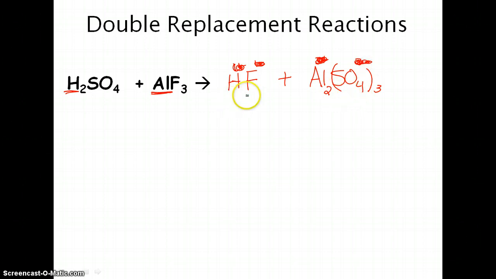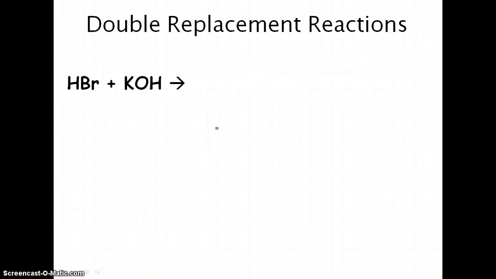Okay, and then you would need to balance. So let's see, we would need a 3 here, the SO4s. That gives us 6 H's, and then to get 6 F's and 2 Al's, we'd need that. And there's our balance. All right, let's look at the next example.